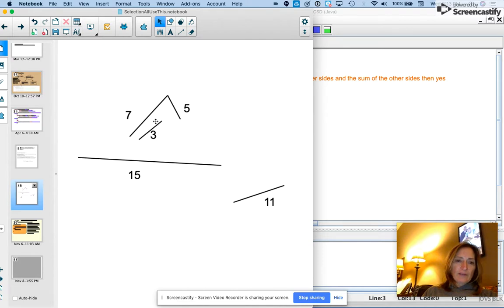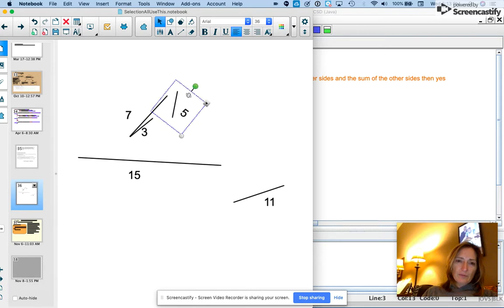So if I have a third side length of 3, I should be able to find some kind of a permutation that if I just move them ever so perfectly, they will make a triangle. Because as long as the number is between 2 and 12, I have myself a triangle.